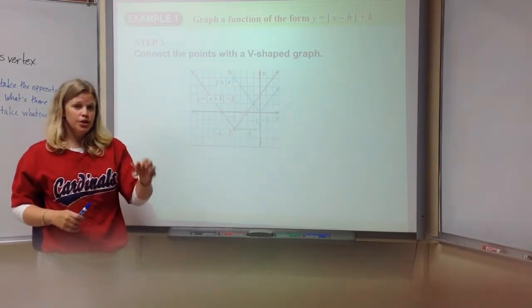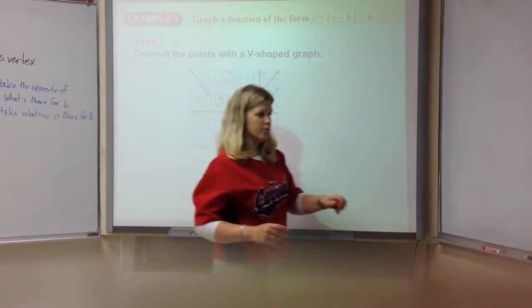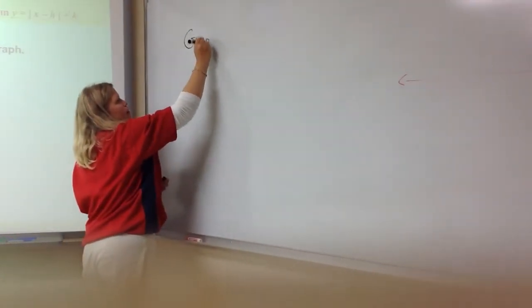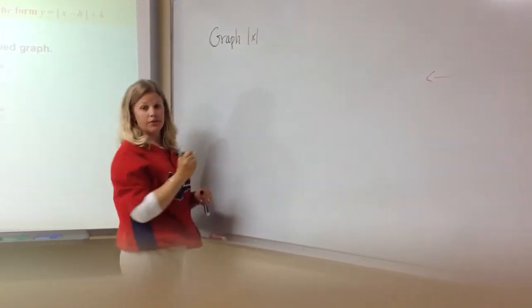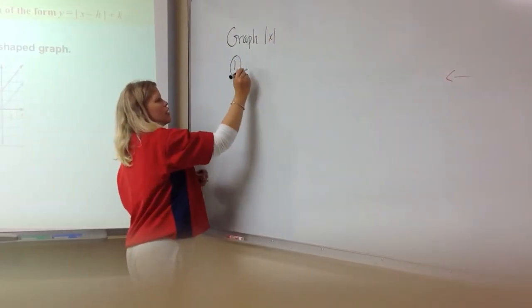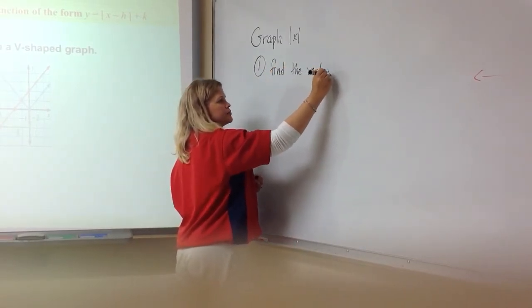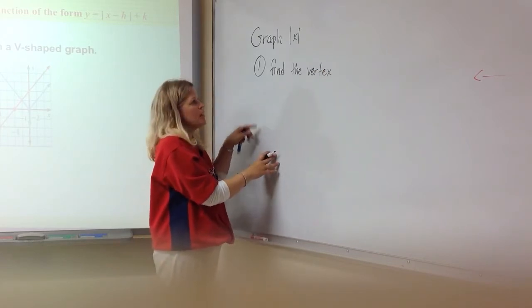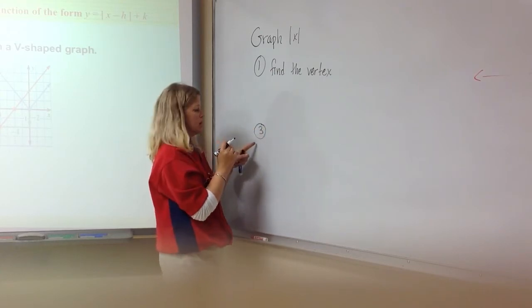So we need to, step 1, and maybe we should write these over on this other board, okay? So to graph absolute value stuff, first thing you're going to do is find the vertex. We're going to leave some room because I'll probably change numbers in a minute. So we found the vertex, and then you're going to think I can't count, but we're going to look at some other things.